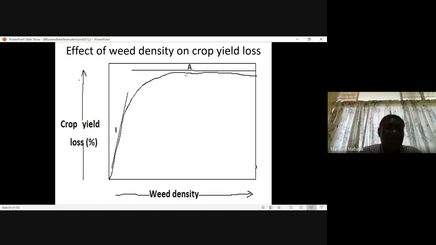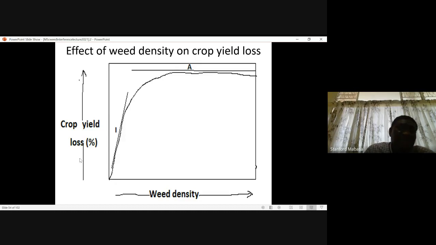But if you want the weed density which justifies weed control, according to this, it may mean even if you get one weed, you are going to control. It means you have to use control methods.